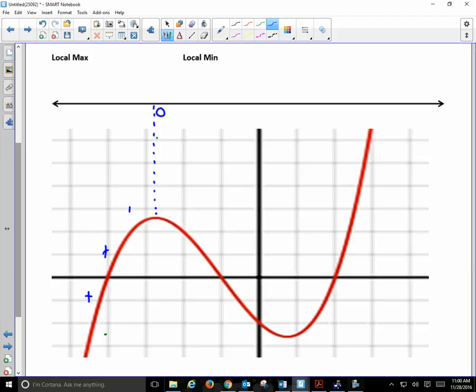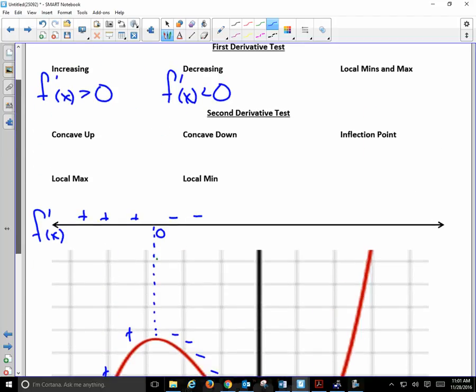It's positive, okay? It is on its way up. Afterwards, the derivative is negative. It's on its way down. And so you have a local max when the derivative changes from positive to negative.